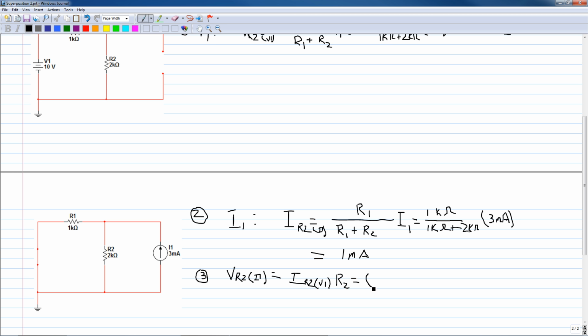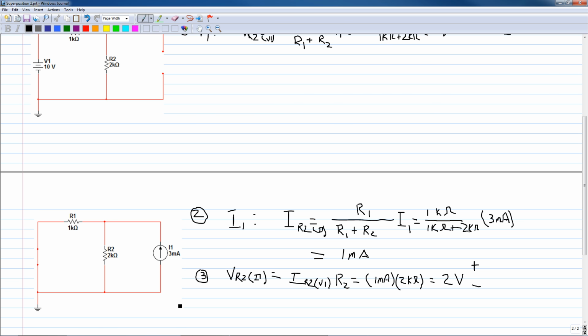Substituting, we have 1 milliamp times 2k ohms, which yields 2 volts. Plus is on top, minus is on bottom.